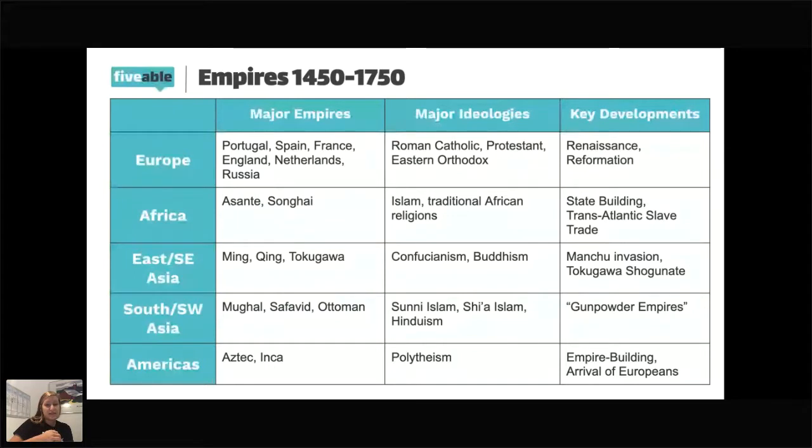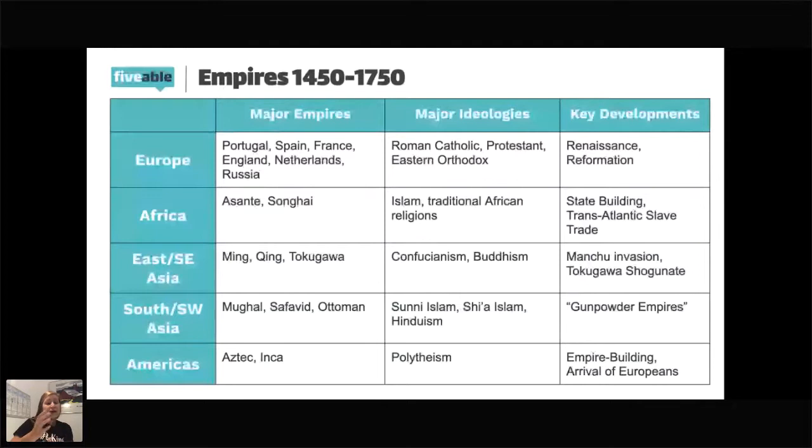In these cases, some are going to have an official religion, meaning that that government is going to promote one specific religion in that empire, but there may be very diverse religions practiced within that empire as well. And then some of these key developments. These are things that are going on in that region during this time period, 1450 to 1750.